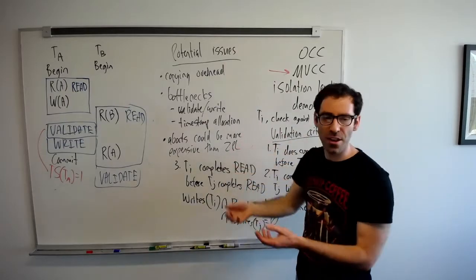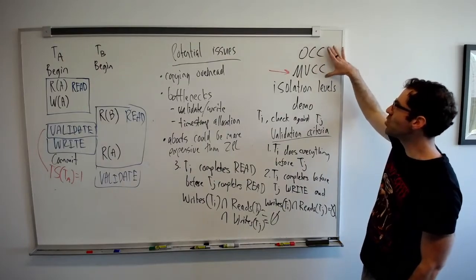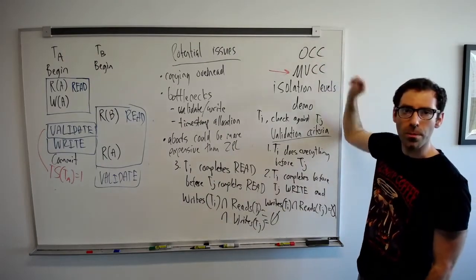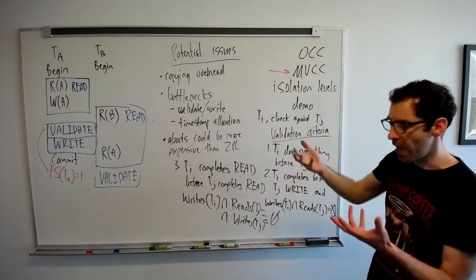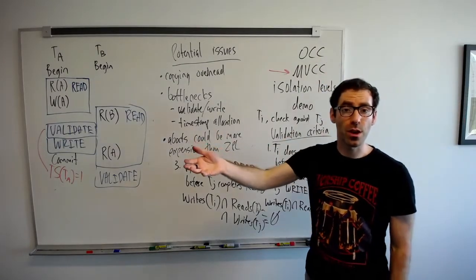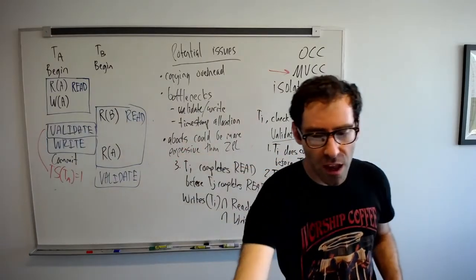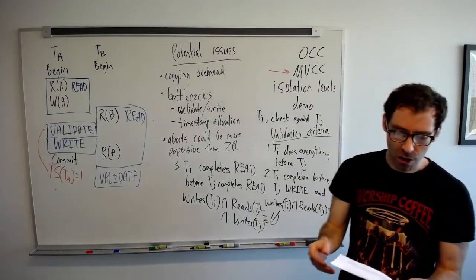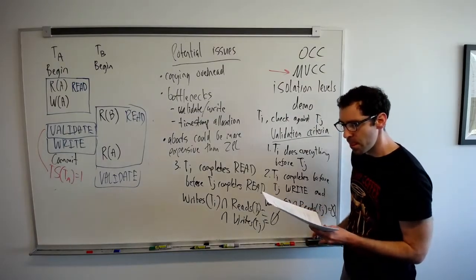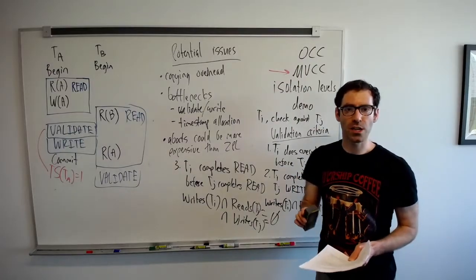We don't need to do as much of it. In practice, multi-version concurrency control is combined with two-phase locking in many systems, and I'll talk more about that as we get into MVCC. So let me clear off the board here and we'll get into it.